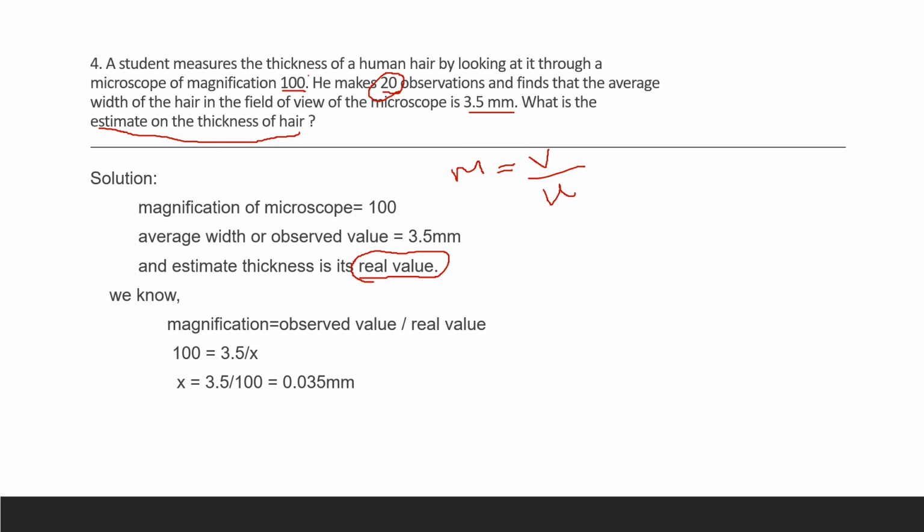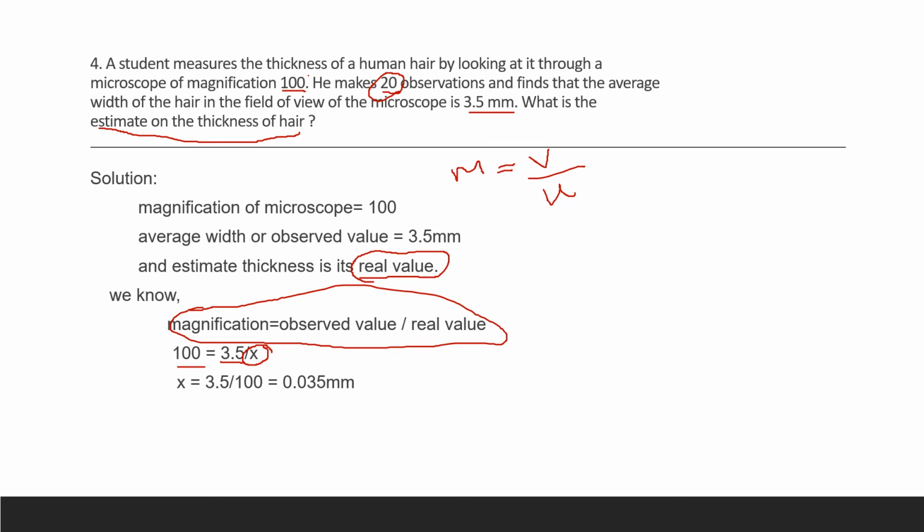Directly you can go into the formula. You know that magnification is equal to observed value divided by real value, that is actual value. Here we have to find only the actual value, isn't it? So the actual value is taken as x, the magnification is given as 100, and the average observed value is 3.5 millimeter.